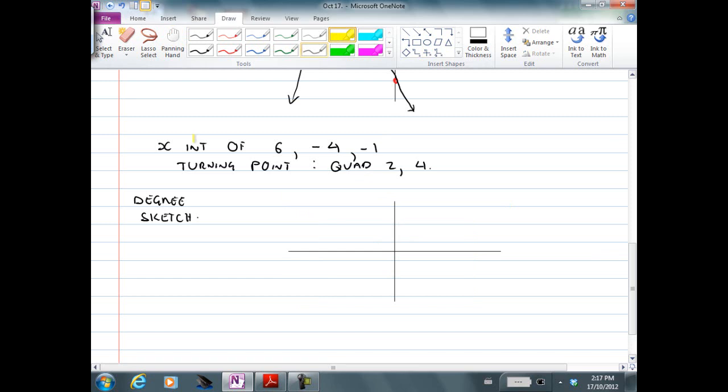Now, notice I'm using x-intercepts. So I put a dot at -4, -1, and 6. These are all my x-intercepts. I have the turning point in quadrant 2, so I'm going to put a dot. That's where my turning point lies.